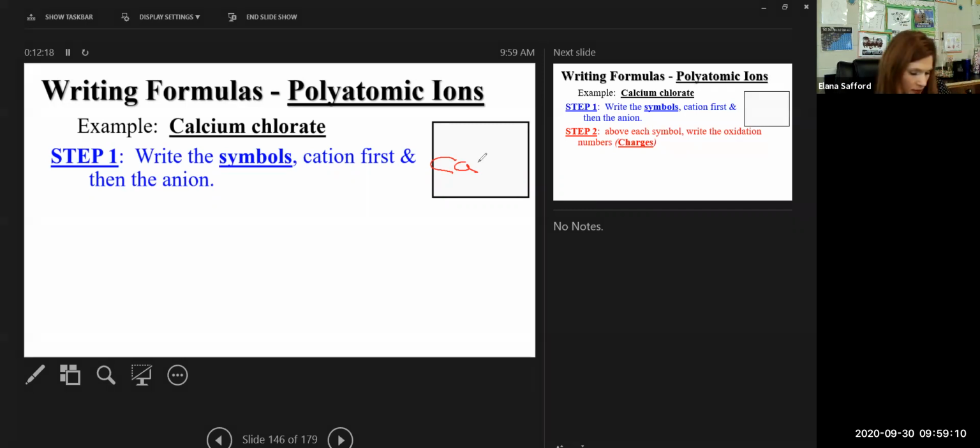Chlorate. But you don't have to. C-L-O, and that is ClO3.